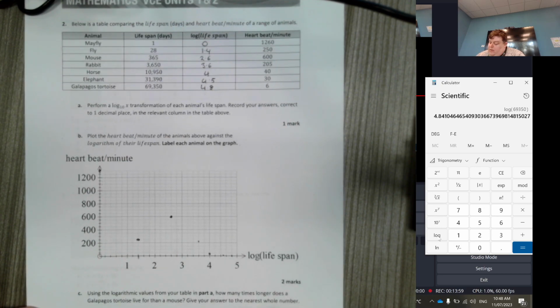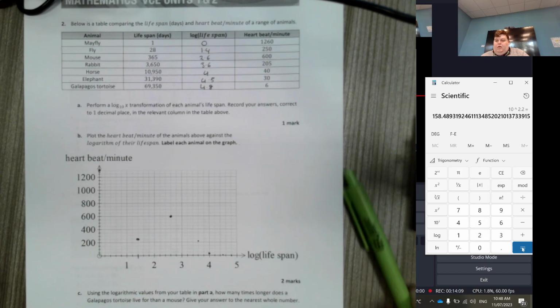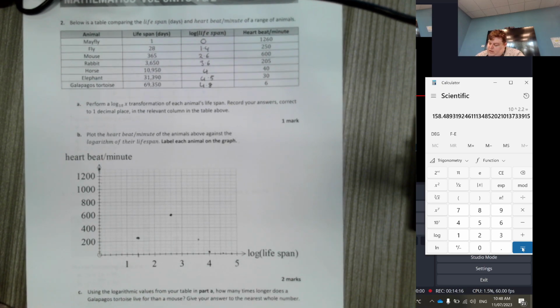So 10 to the power of 2.2 is 158. Yeah, so it's 158 times longer.